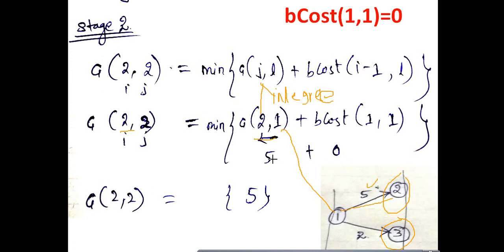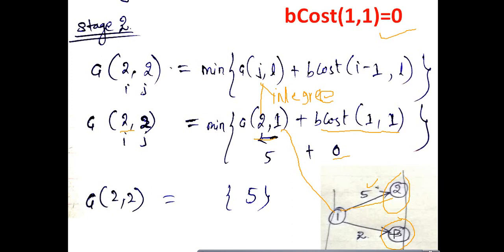So you have to write 5. And the backward cost of 1 comma 1 we have already calculated in the previous slide. What is the value? 0. So this 0 you have to write here. So 5 plus 0 is 5. The cost of the second stage, second vertex is 5.